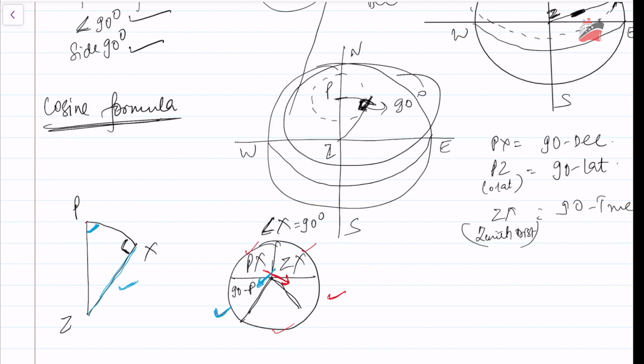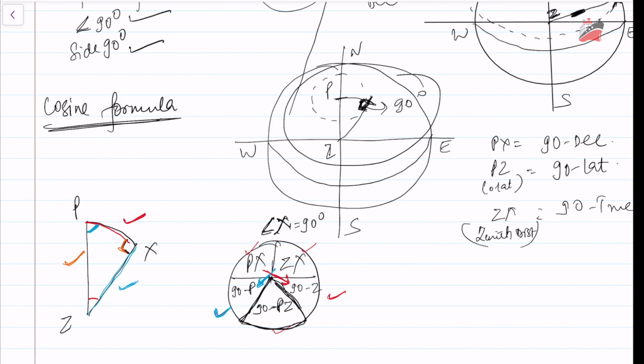Opposite to PX is angle Z, so you write 90 minus Z. In the remaining section, you write the side opposite to angle X. The side opposite to angle X is PZ, so you write 90 minus PZ.